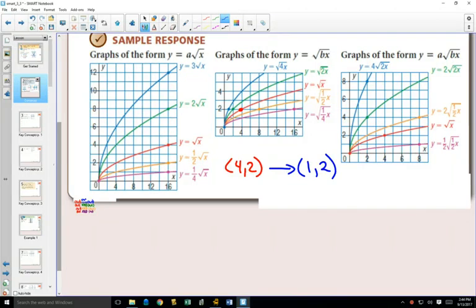What's changing now? The x-coordinate. And how has it been changed? Well, we've gone from 4 to 1. So you can either say that the x value has been divided by 4, but we're going to use multiplication again, and we're going to say x has been multiplied by 1 over 4.